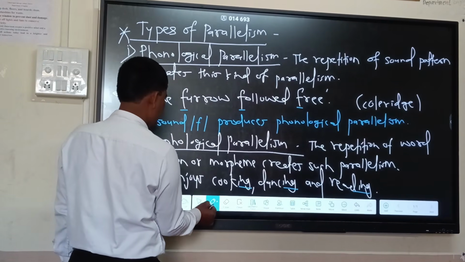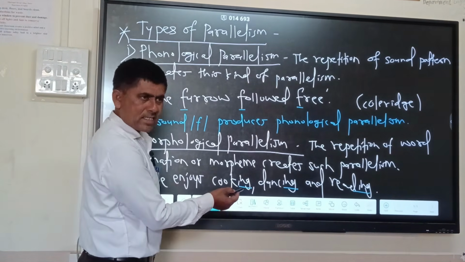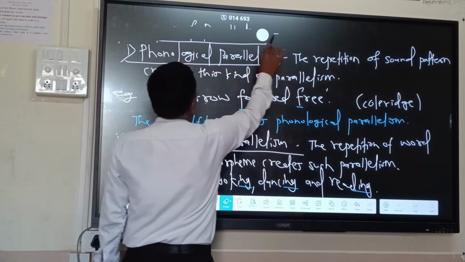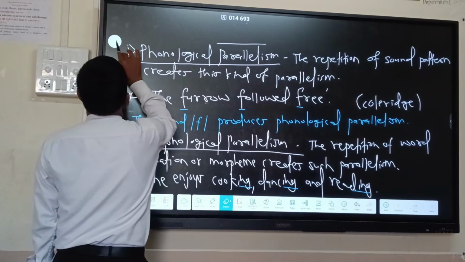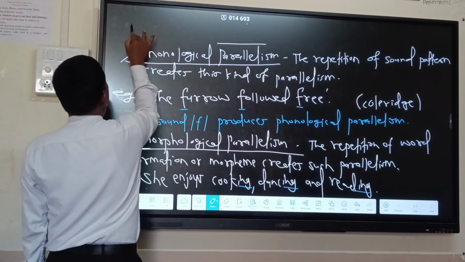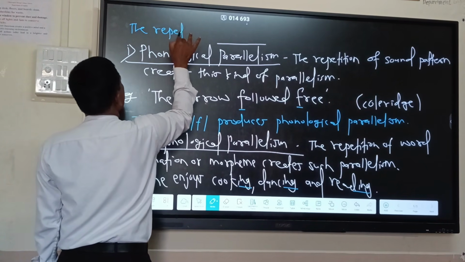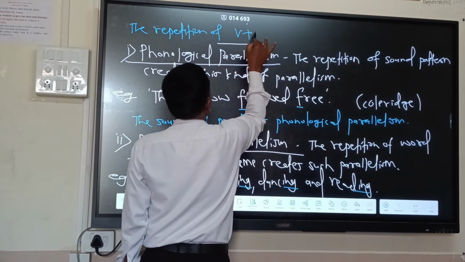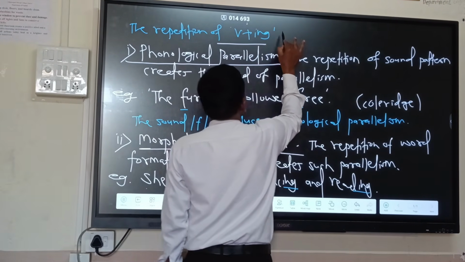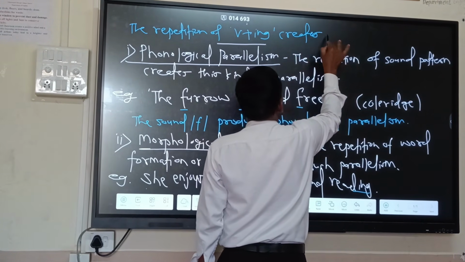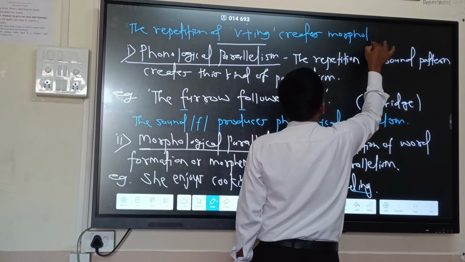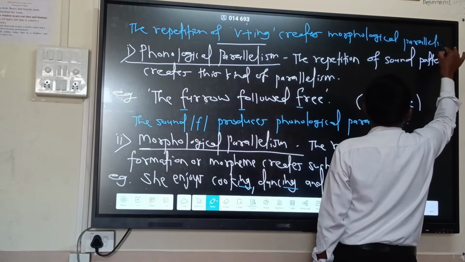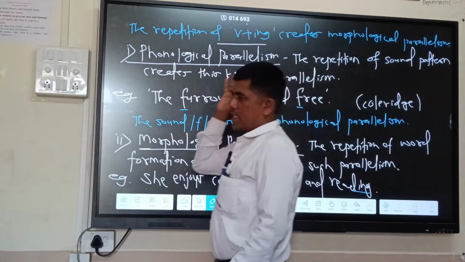So here we can say the repetition of verbs with ing creates morphological parallelism.